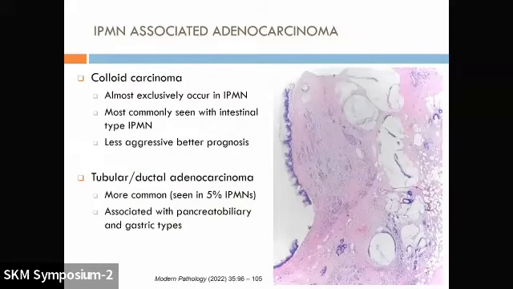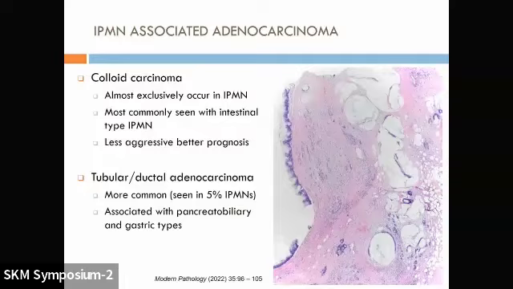there is a recent study that came out of Emory, published earlier this year, and it had over 500 cases where they looked at ductal adenocarcinomas and presence of IPMN.